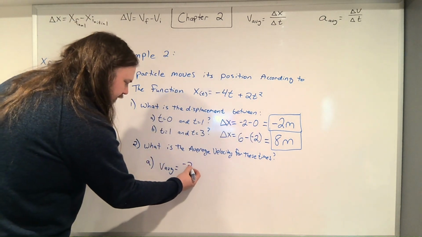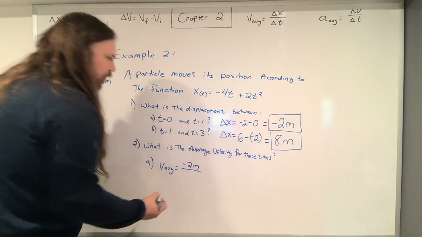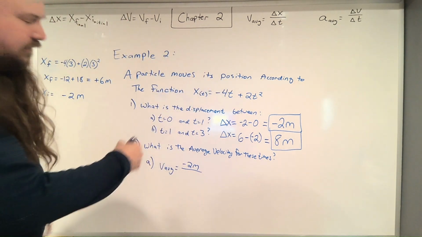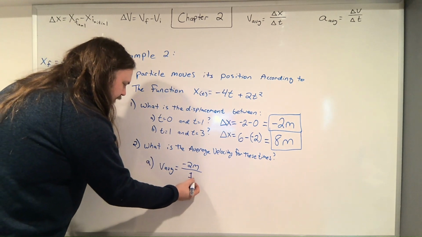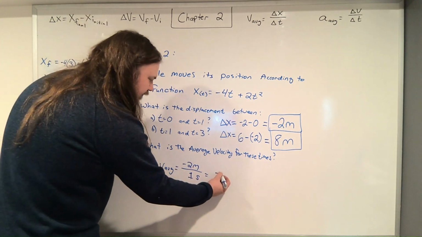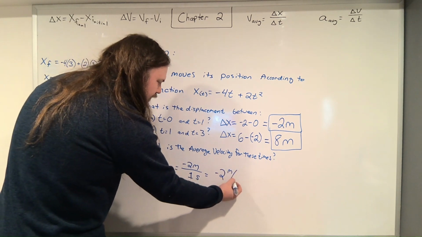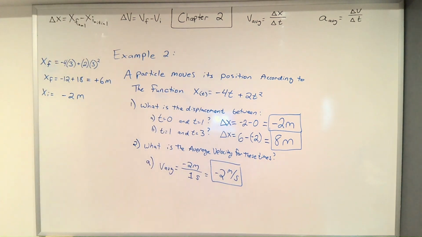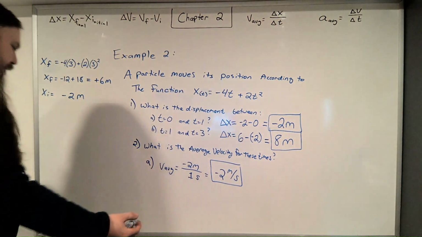Negative 2 meters. How about the change in time for part A? How much time has passed? 1 second. Okay, so the average velocity is negative 2 meters per second.